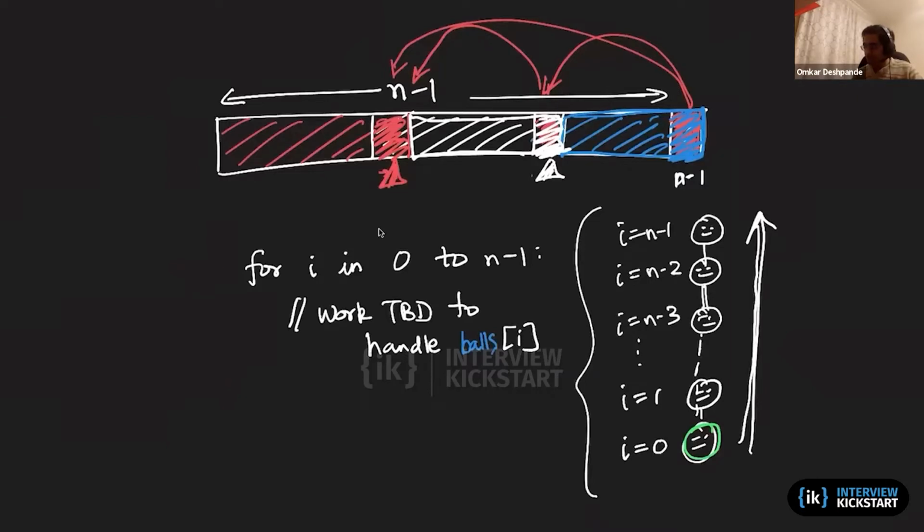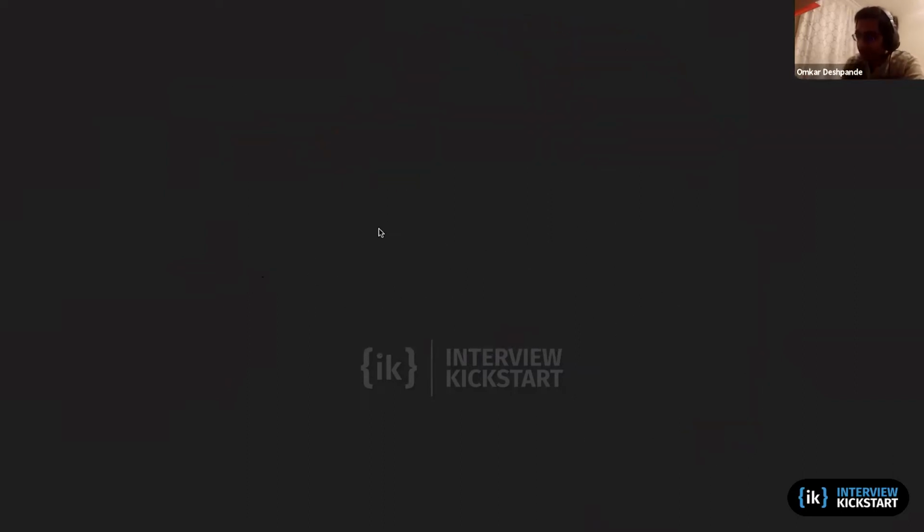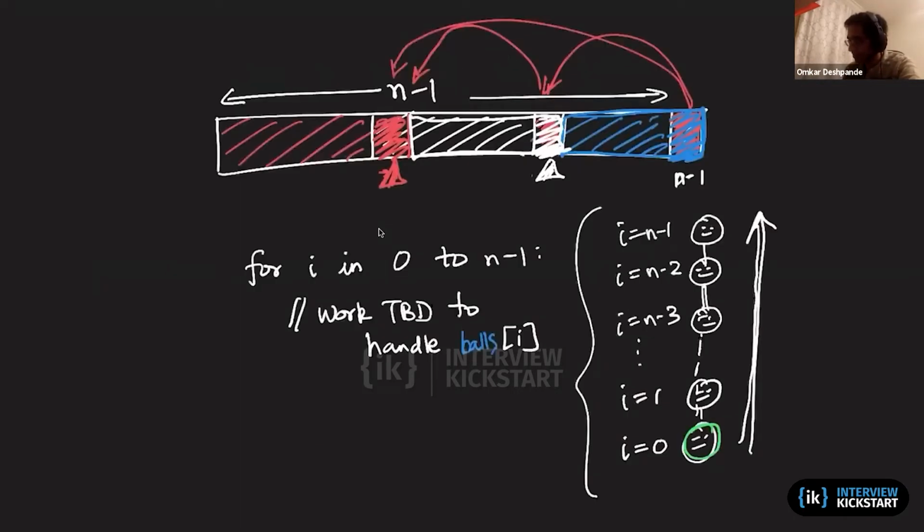Let's write the code. Okay, let me write it on the next page. So I have my index i varying from 0 through n minus 1. What is the work I should do to handle balls of i? Well, if it's already blue, I don't need to do anything.